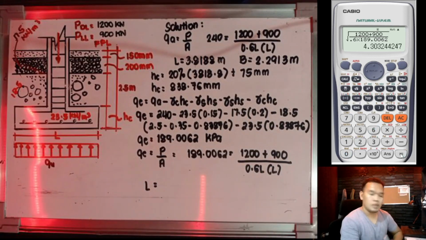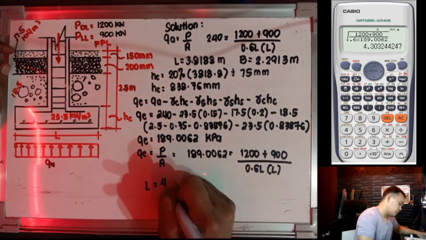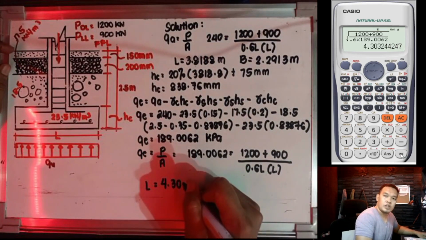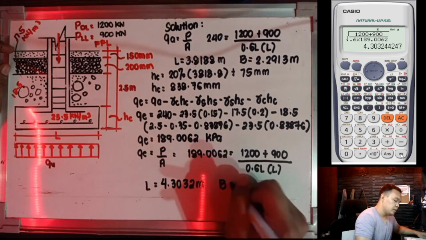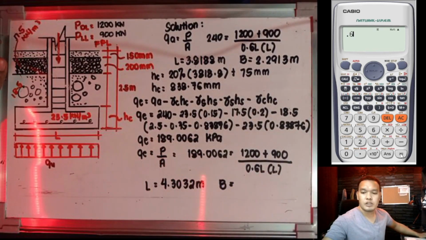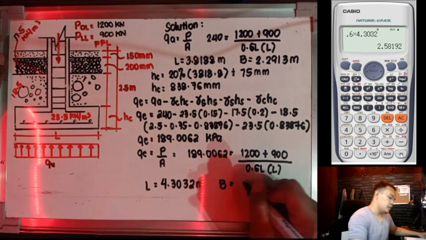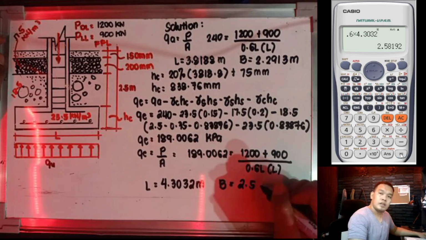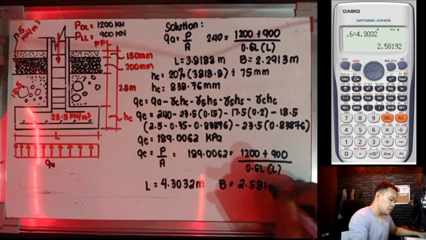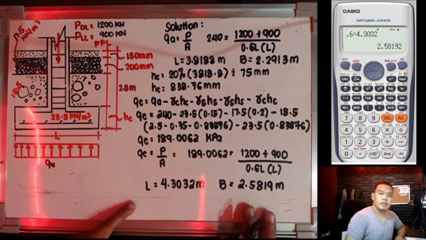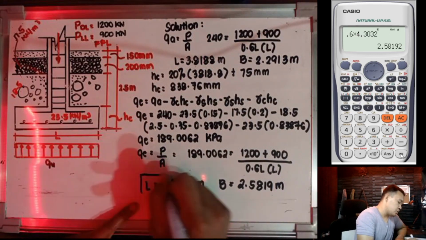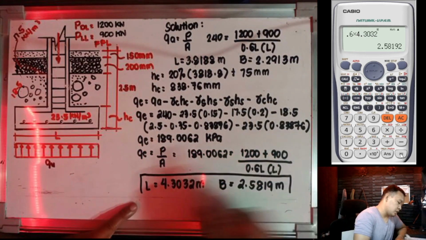So we have here 4.3032 meters. Then for the value of B, which is equivalent to 0.6 of 4.3032, we have here 2.5819 meters. Okay? So this will be the actual dimension of our footing.